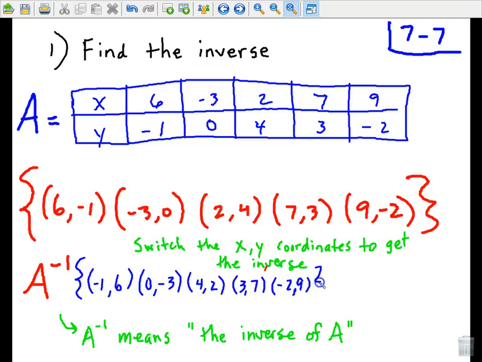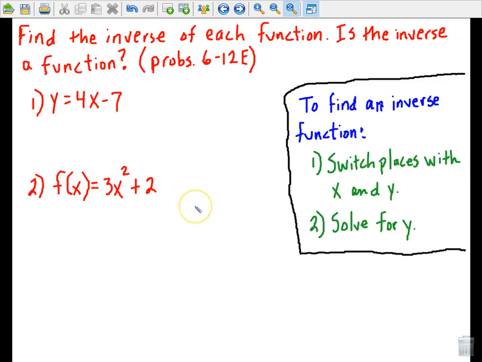Okay? So that's a pretty easy thing to understand, I think. If you want to find the inverse of a relation, if it's given in a set of ordered pairs, you just switch places within each pair with the xy coordinates. Okay, well, let's just move on then, build on this way of thinking.